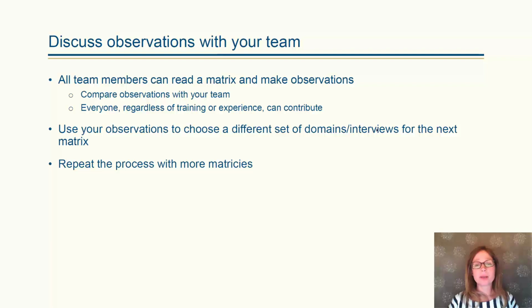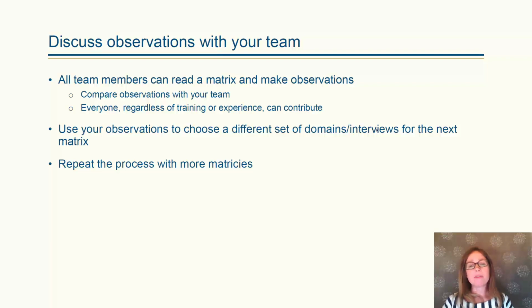So this is a great time to bring in your team. Hopefully everyone has read the matrix individually, and then you come together, read it together, and make observations together. So compare your observations to that of your teammates' observations. Everyone, regardless of training or experience, can contribute. So if you're working on a multidisciplinary team, this is a great way to pull in members from the quantitative side of your team.